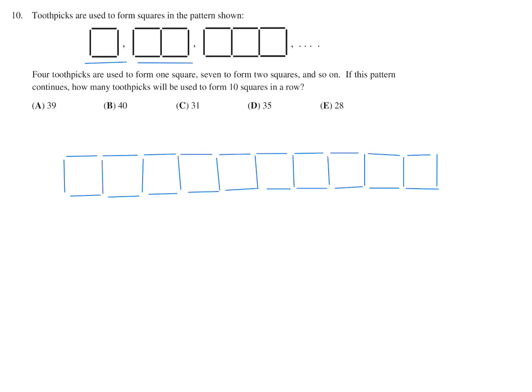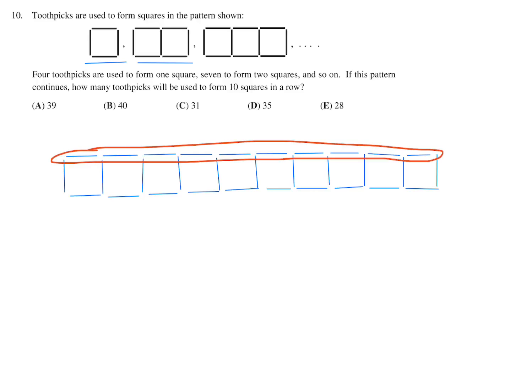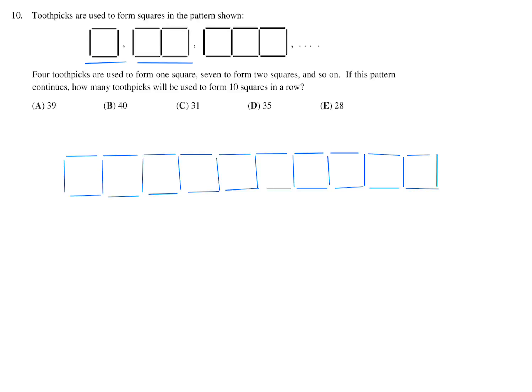And I've got to count the toothpicks. I'm going to first count the top row there. So I've got 1, 2, 3, 4, 5, 6, 7, 8, 9, 10. So I got 10 toothpicks on the top. Now I'll count the ones on the bottom there. It's exactly the same: 10 toothpicks.